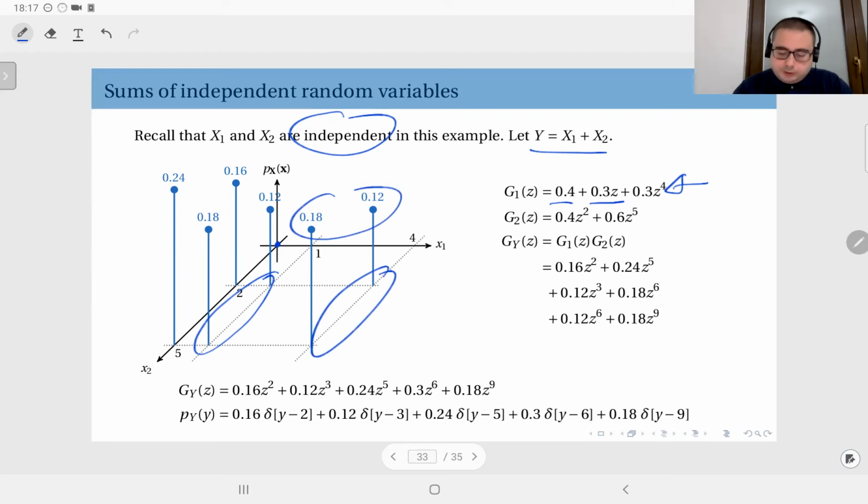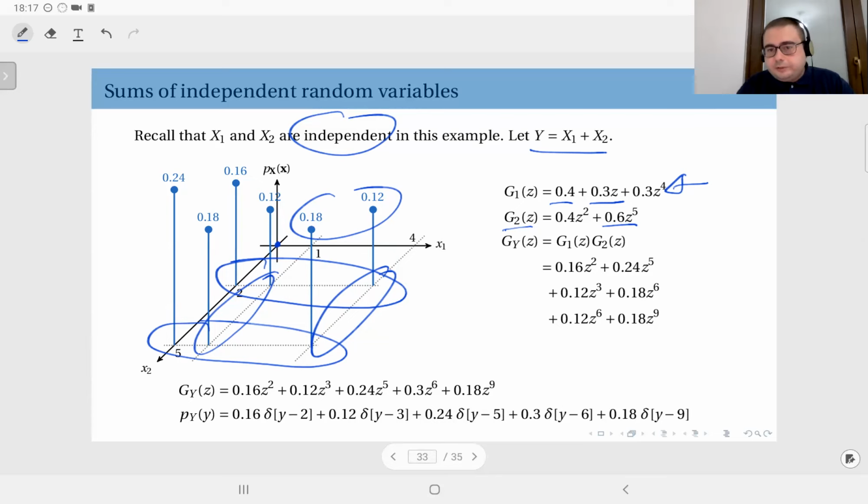Similarly, the generating function of x2 is 0.4 times z to the power 2, because at 2 you have 0.4 probability for x2, and at 5, x2 has probability 0.6, so this is 0.6 times z to the power 5. These are the generating functions.